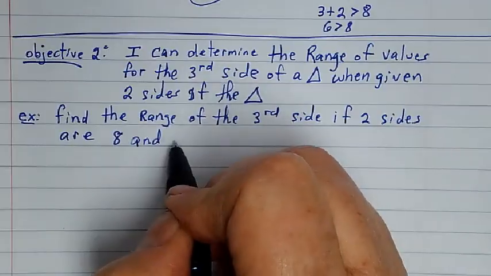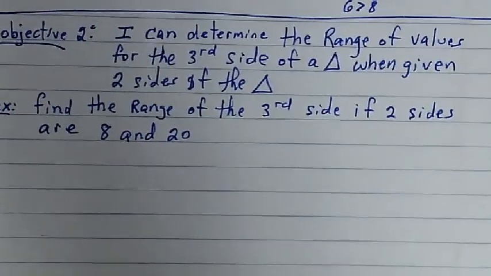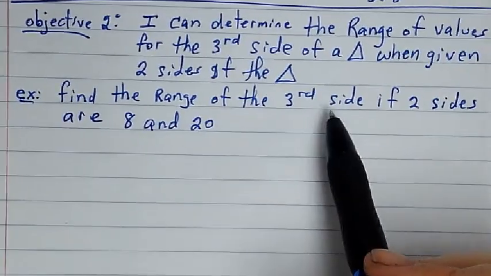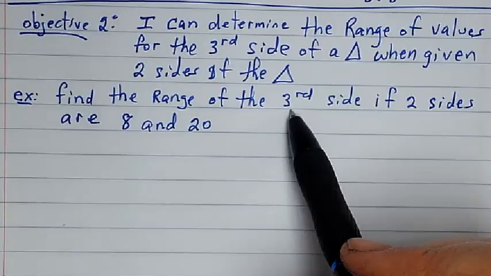Okay, 20. So find the range of the values of the third side.